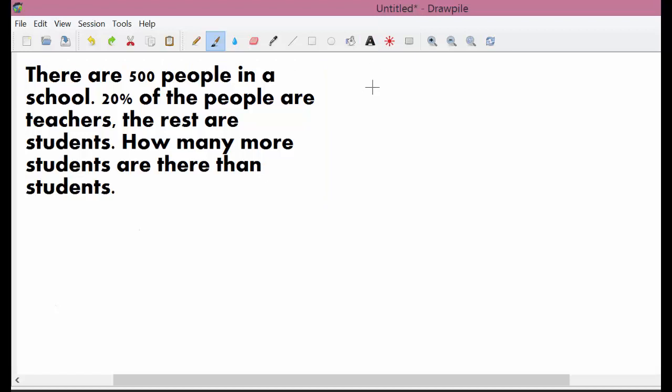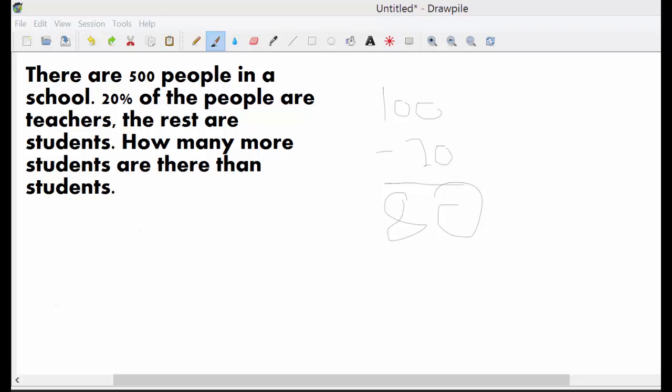That means we need to do 100 minus 20, because 20 is the percent of teachers, and since there is 100% in total, we subtract 20% from it to get the percent of students. So 100 minus 20 is 80. That's the percent of students.